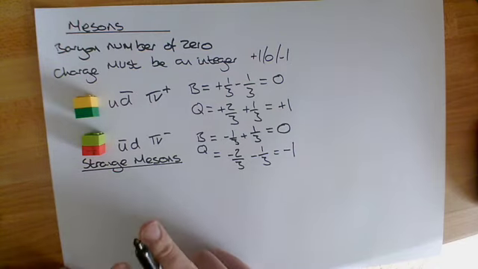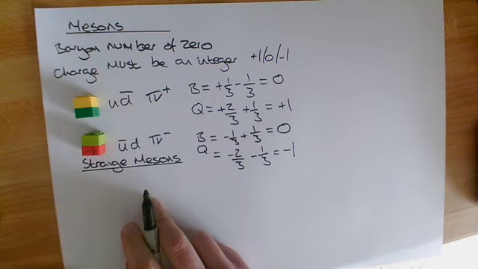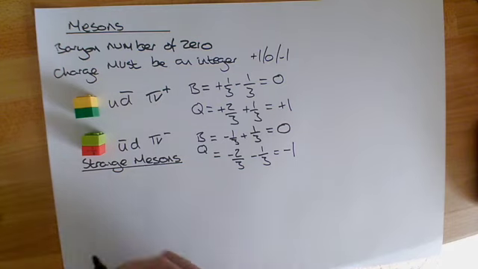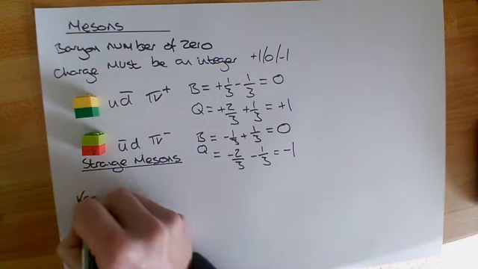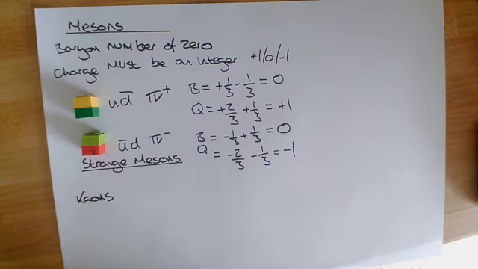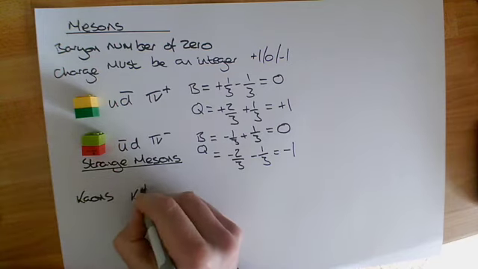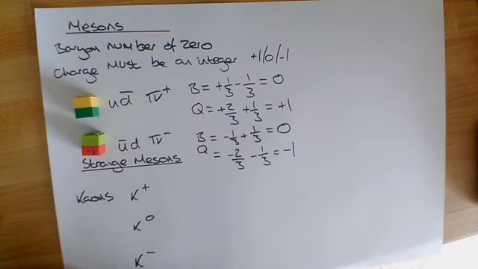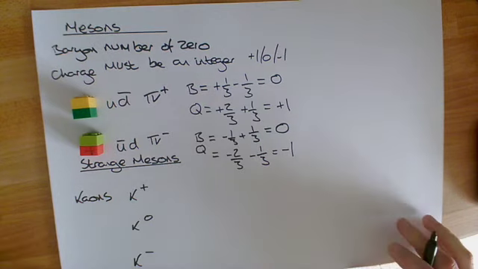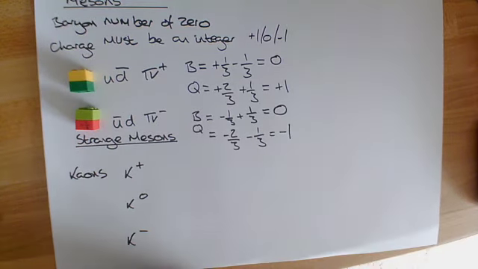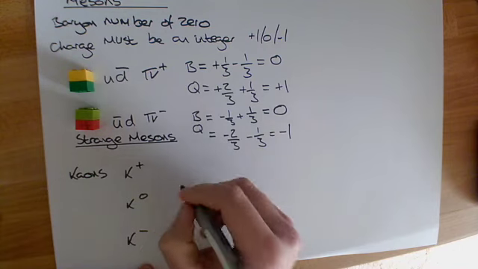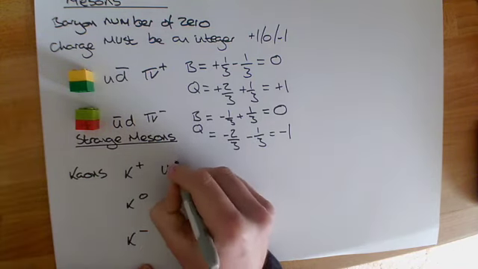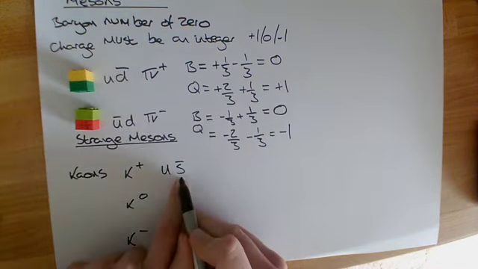As we had with our baryons, we also get strange mesons, and that forms a group of particles called kaons. Again we get K plus, K naught, and K minus kaons. If I had a K plus particle, that would be made of up anti-strange, so it's got a strangeness of +1.